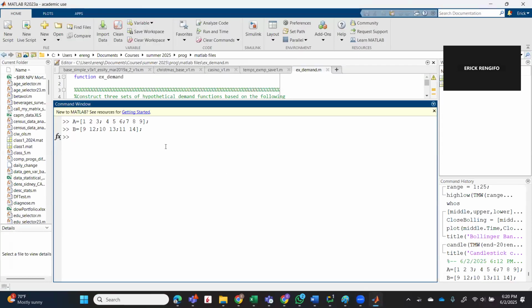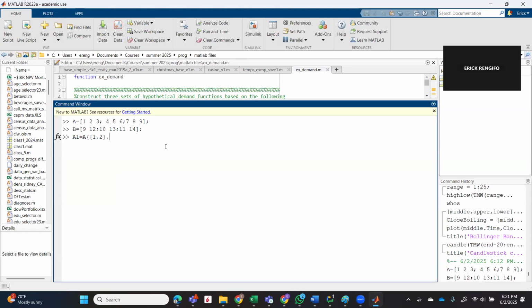So how do we define A1? You can say A1 equals A, parentheses, bracket 1, 2, yes, 1, 2. I'm doing this as a matrix notation, correct?